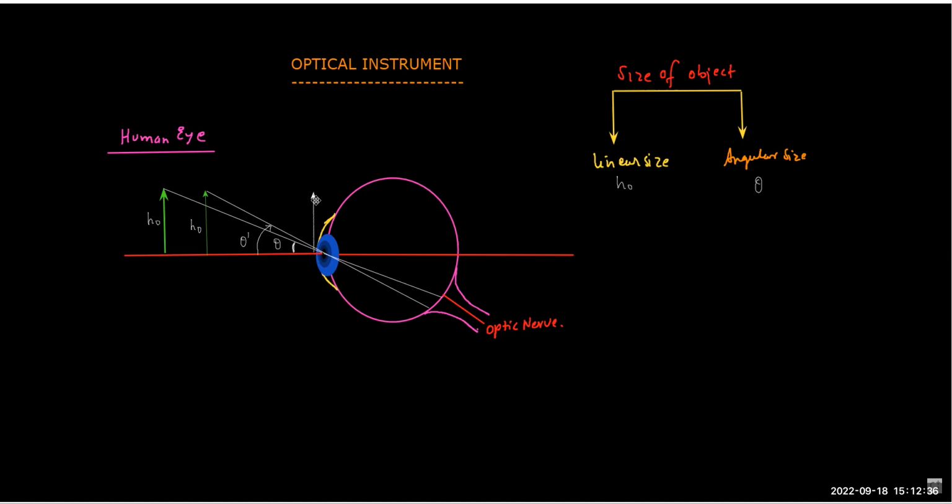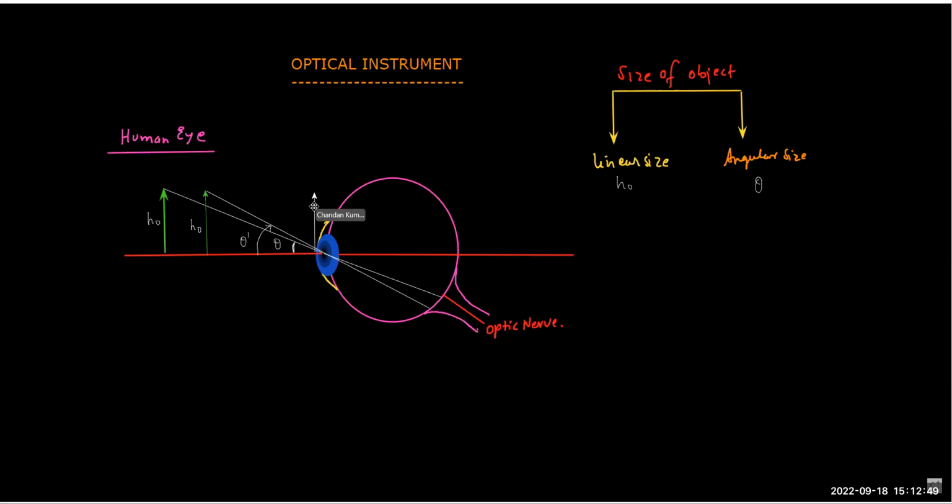So theoretically, we can say that the size is maximum when it is closest. But the problem is, as you come closer to the eye, the size will increase in terms of the angular size, but the image becomes blurred.